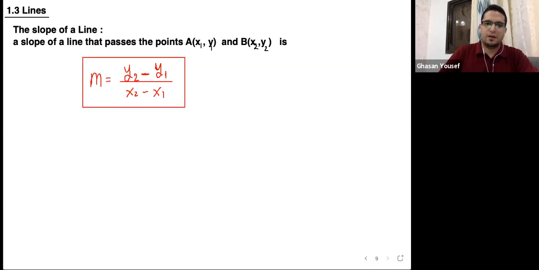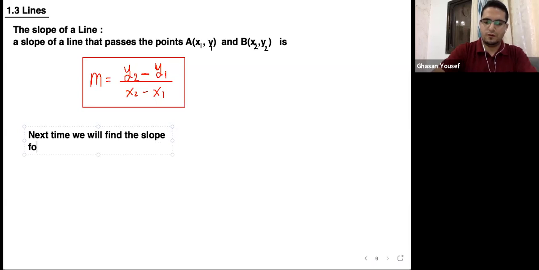Next time, we will find the slope for the vertical line and also for the horizontal line.